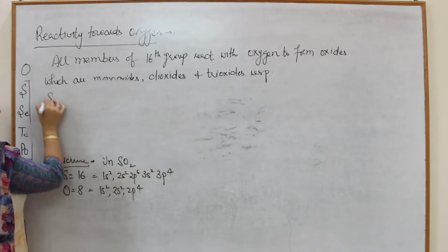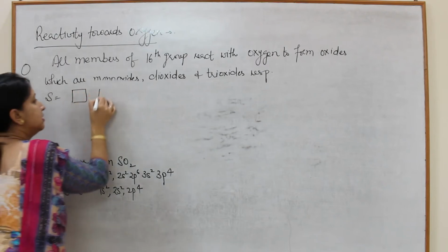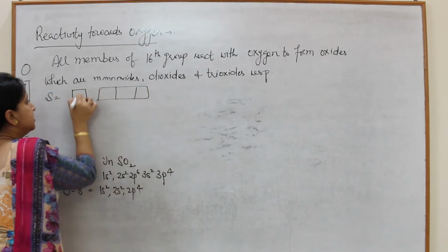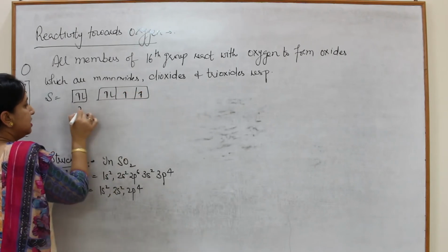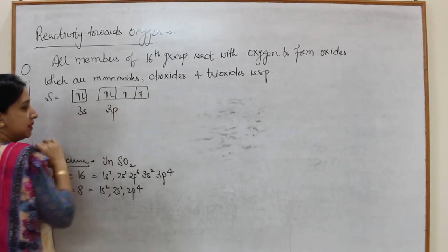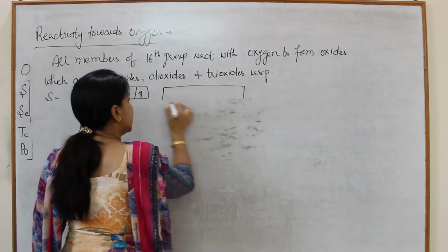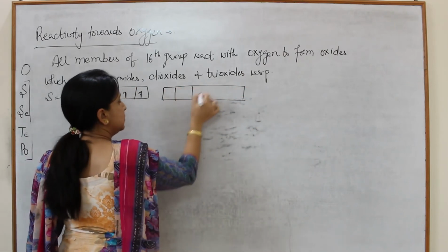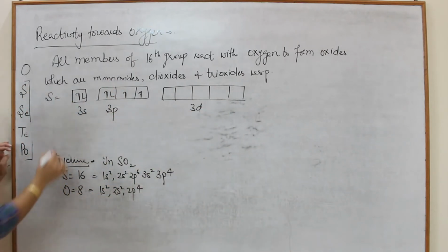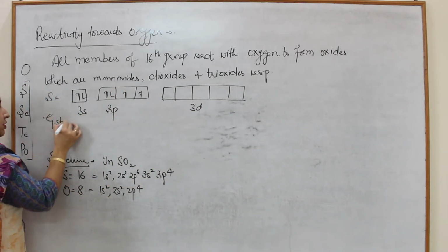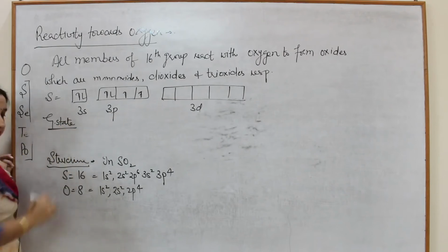This is sulfur. This is your 3s, 3p, but it also has vacant d orbitals. 1, 2, 3, 4, 5. This is your 3d orbital. So this is the ground state of sulfur.